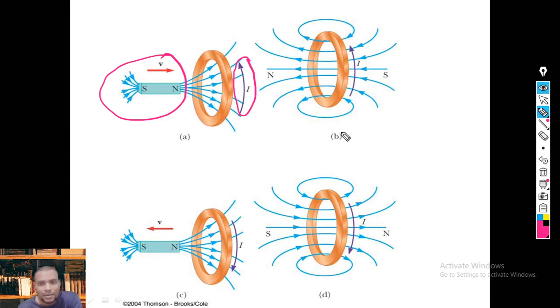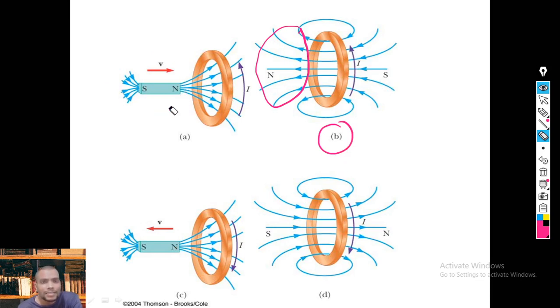Now in the second figure, figure B, if you can see, the ring has a north pole on one side and a south pole on the other side. Here the current direction, if you can see, is anti-clockwise. So when the north pole of a bar magnet is approaching, the current in the copper ring is anti-clockwise.